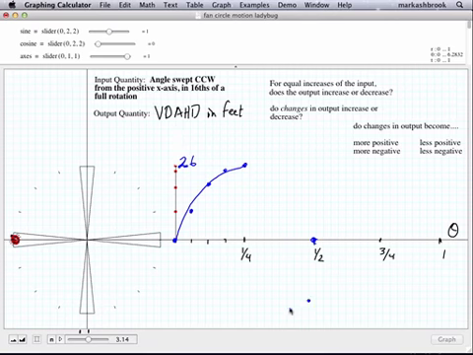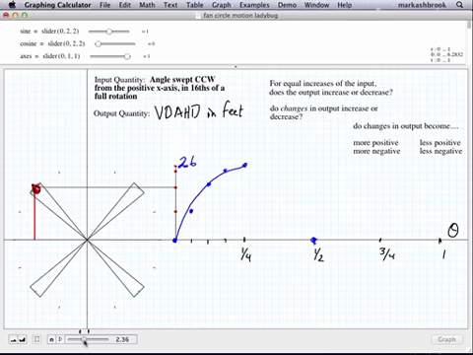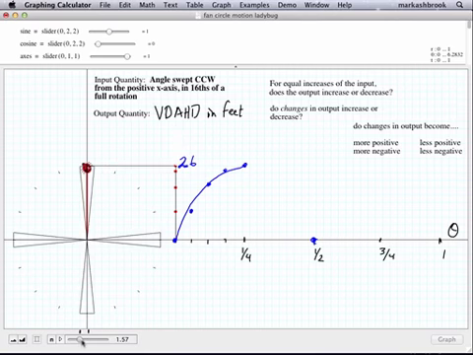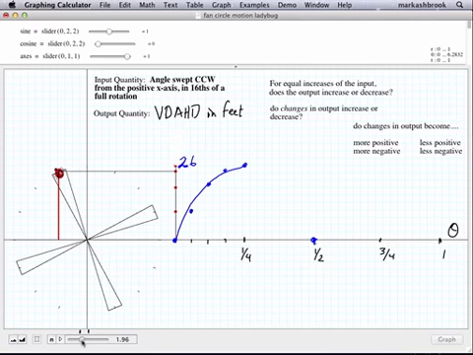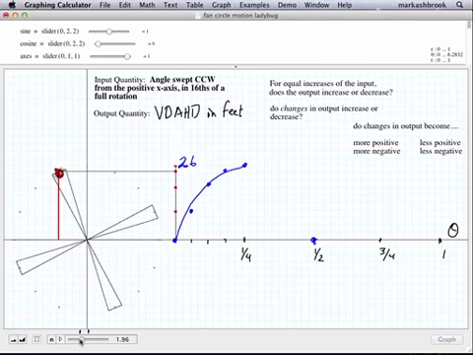So now the changes. The first change, is it a positive or negative change? Is it a relatively large positive change or relatively smaller? Once again, the changes, that first change, positive or negative? So from the first position to there, is that a positive change or a negative change?